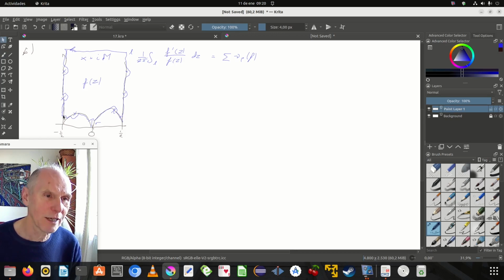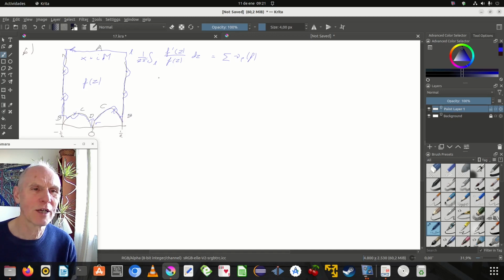These two parts cancel. So we have this part. I believe that we can put these two together into one arc. So let's see if we can do that.